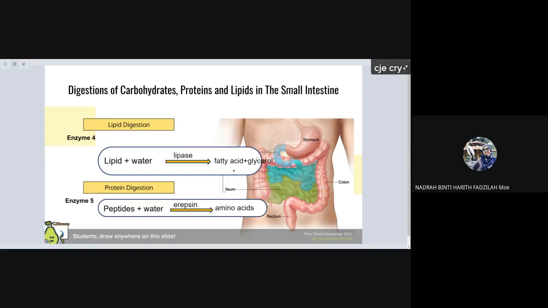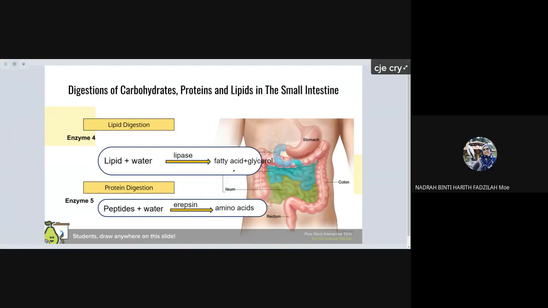For example, for carbohydrate, it will be digested starting in the mouth sebab ada amylase, and the duodenum sebab ada amylase, and ended in the ileum because of the presence of different types of enzyme lah macam maltase, lactase dengan sucrase. At the end of carbohydrate digestion, we will get monosaccharide seperti glucose, galactose, fructose.